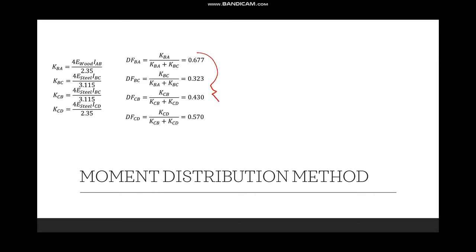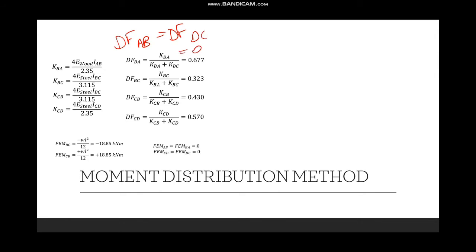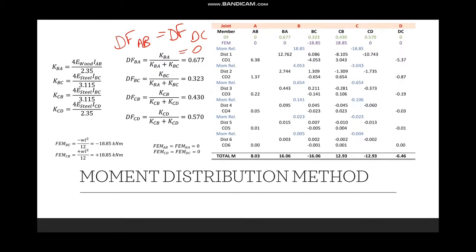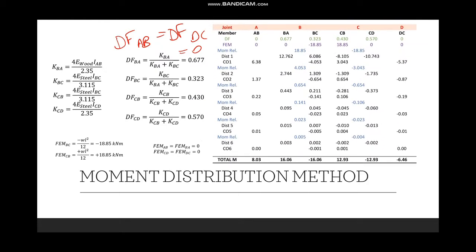And this is how the deflections will act across, and how they will distribute the moment across the frame. And what's worth noting here, which I have not written, is that the dF at AB is equal to the dF at DC, which is 0. We're taking it as 0 because we are looking at a fixed condition.